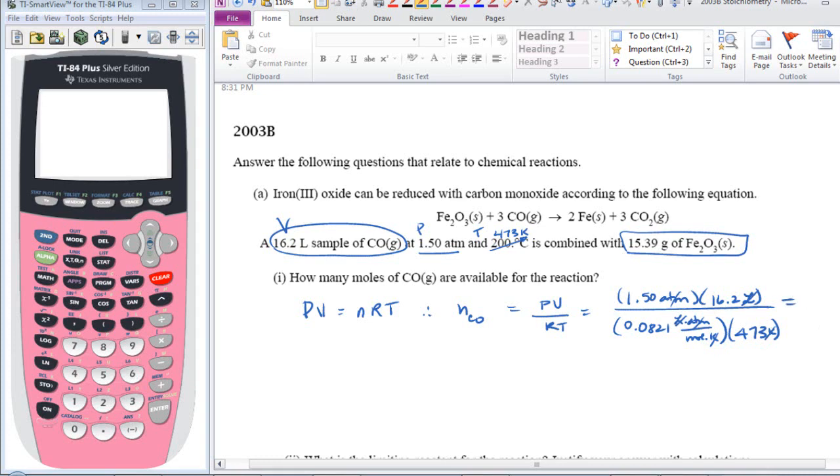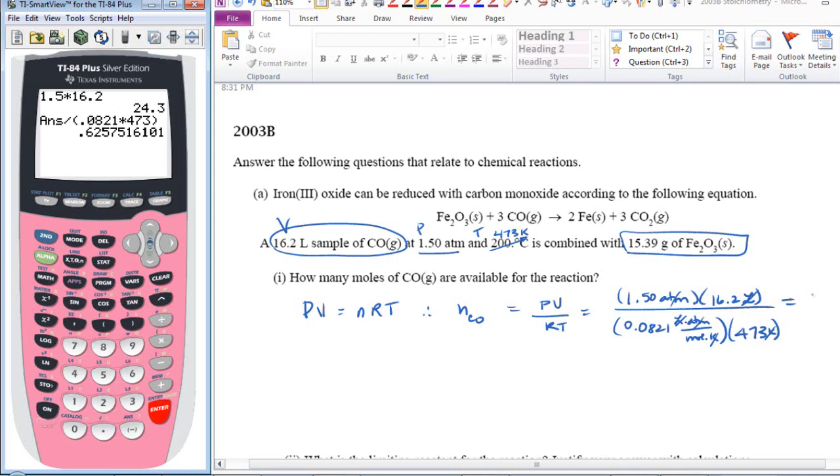So, shall we? 1.5 times 16.2 divided by 0.0821 and times 473. Enter. All right, so 0.626, correct?